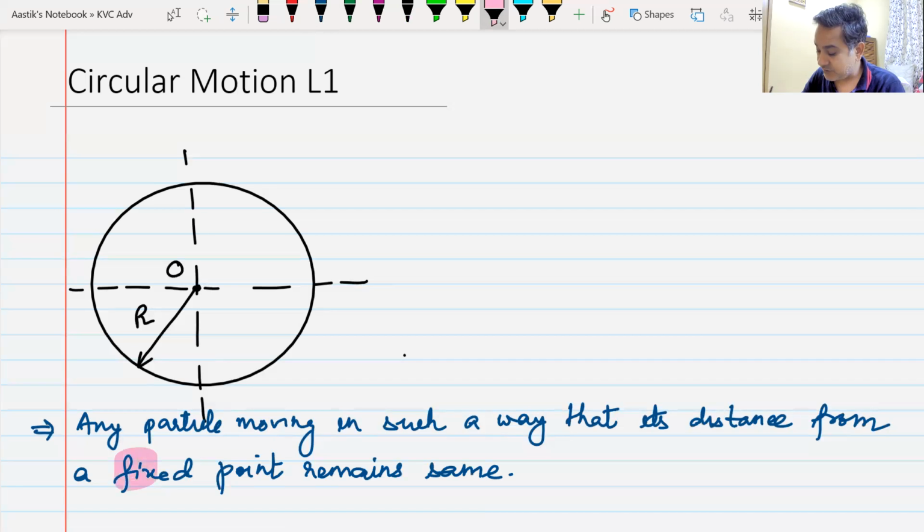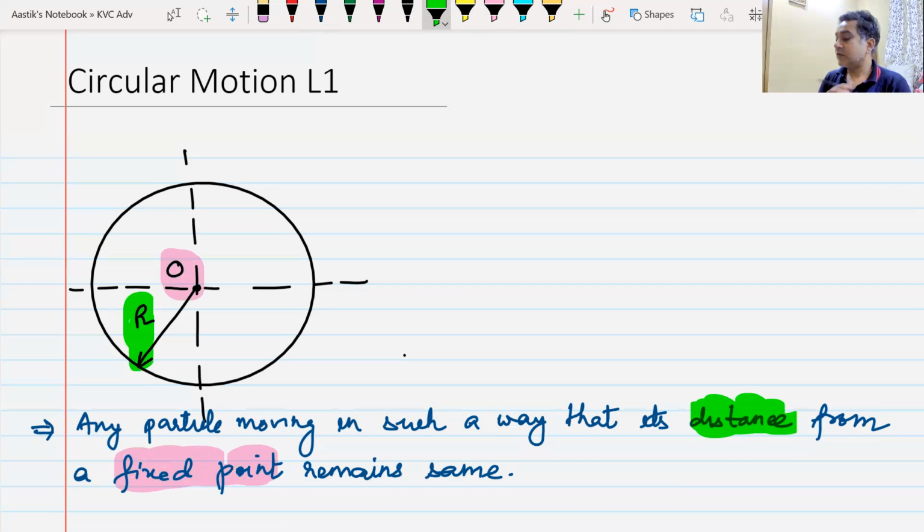What is that fixed point known as? Center. That fixed point is known as the center, and that fixed distance is known as the radius of the circle. Or in short, if you know maths, you know circle. Any particle moving on a circle, we can call that motion circular motion.